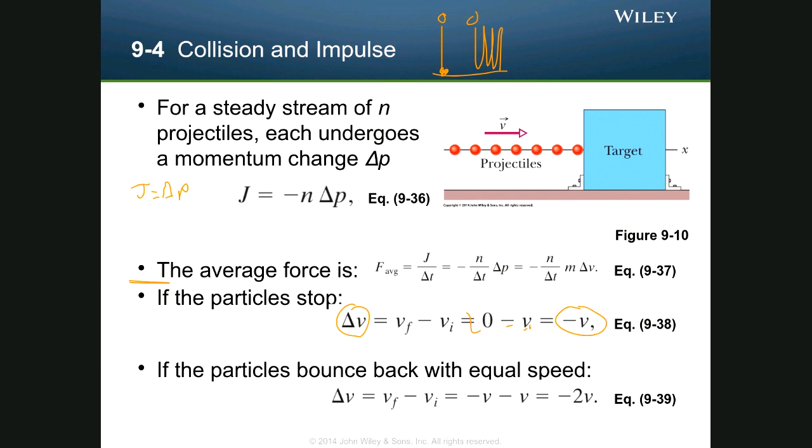If the particle bounces back with equal speed, then your final velocity is minus V and your initial velocity is positive V, so you'll have minus 2V.